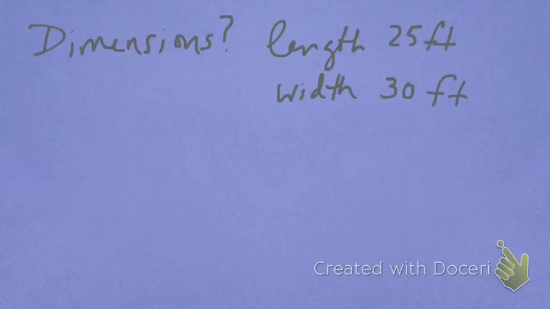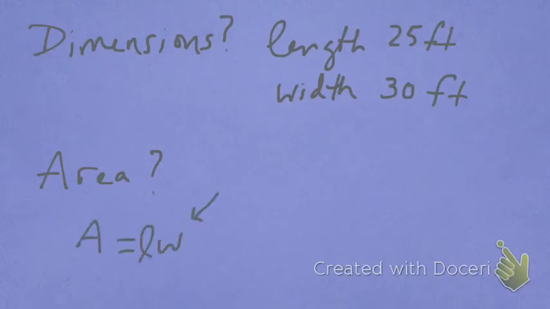Well, there was a second question. What is the area? To answer that question, well, you'd need the formula for area. Where is that? Well, it's right here. You can see it. That means the amount of space needed to cover a surface, or the amount of anything to cover a surface, like tiles.